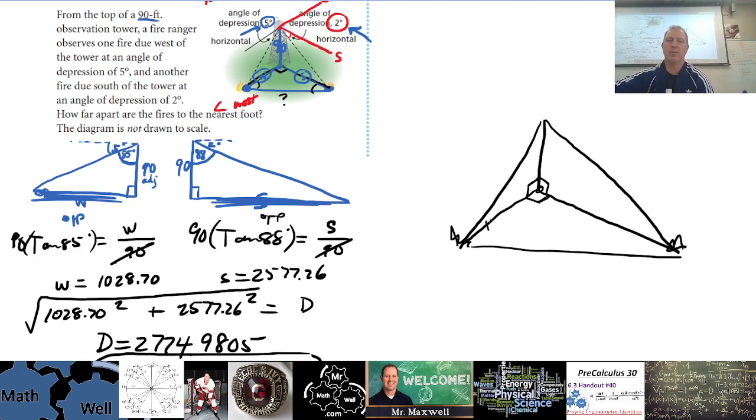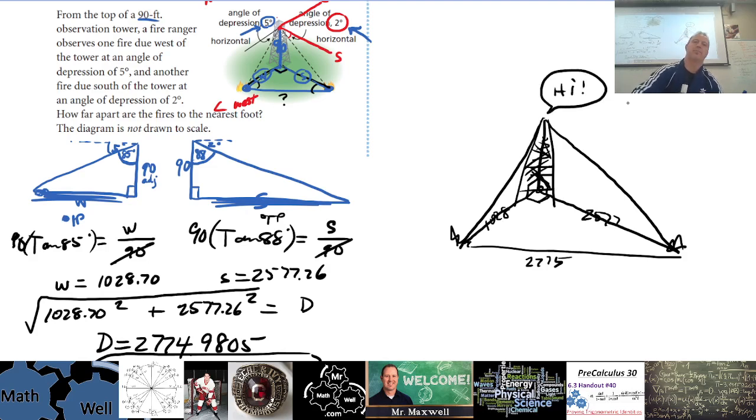So this is the 1028, and this is the 2577, and this is our 2774, 75. And this is my tower. And this is me up here. Okay?